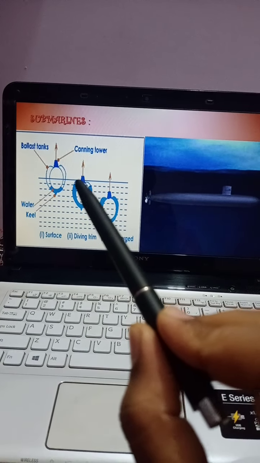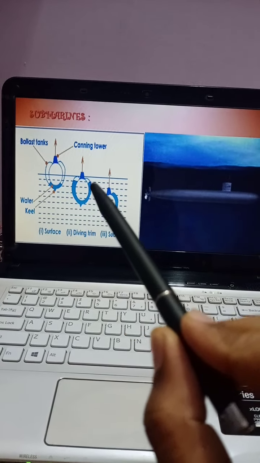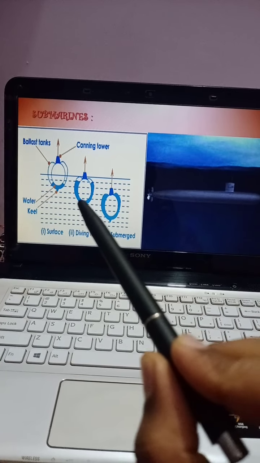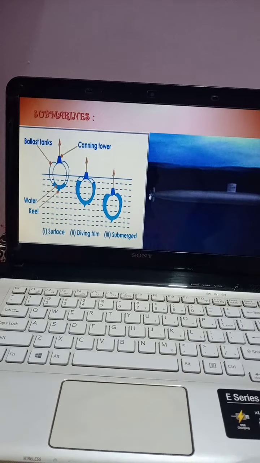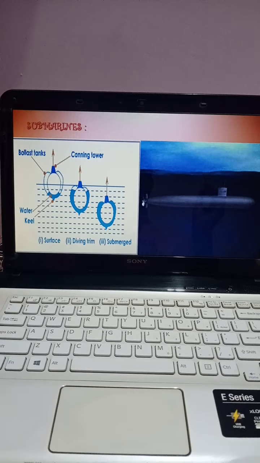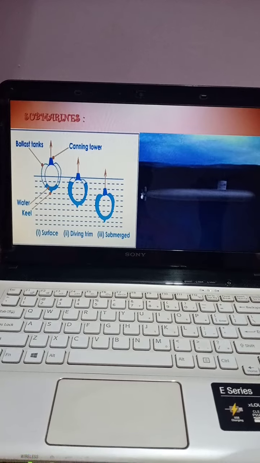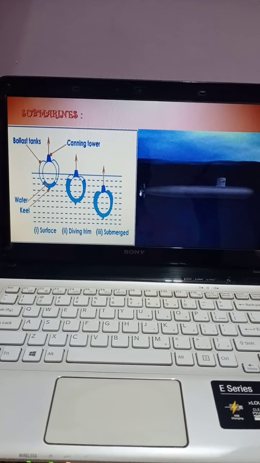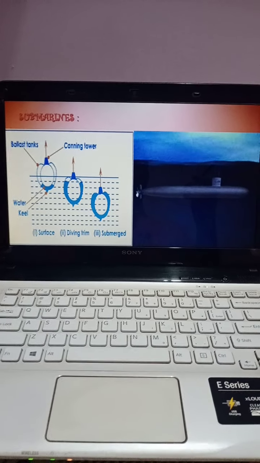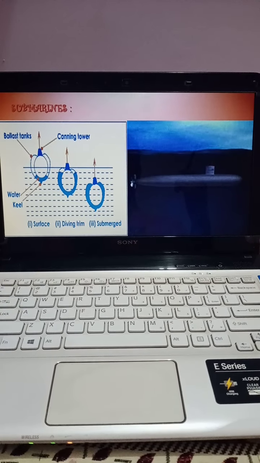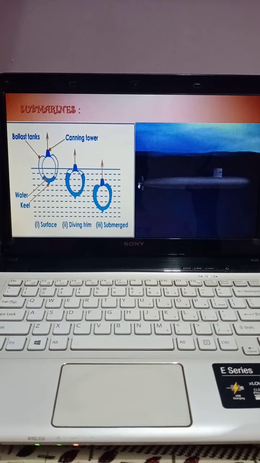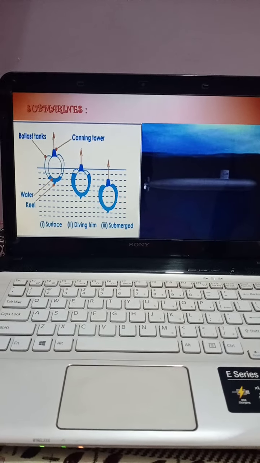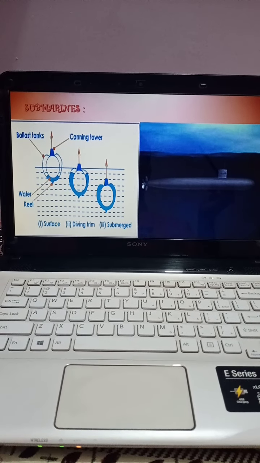When slowly it starts increasing the water inside this water tank, the weight of the submarine is going to increase slowly, thus its density becomes more than the density of water. And when the density of the object becomes more than the density of the water, then slowly it will start sinking inside the water.